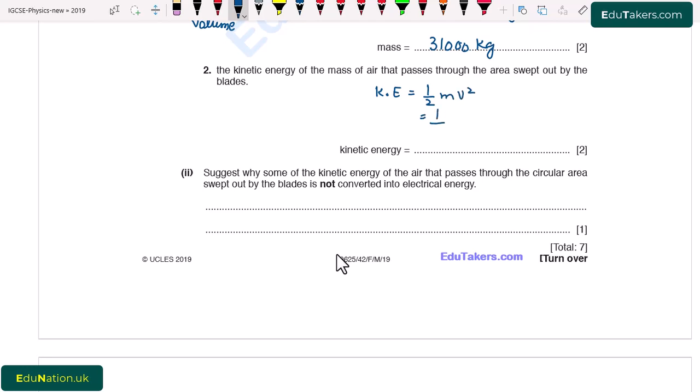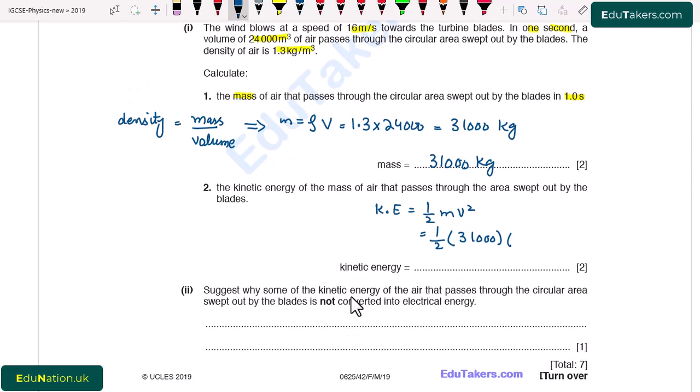We know the mass we already calculated, whose value is 31,000 kg, and the velocity is also given, that is 16 meter per second. So I write here 16 and take its square. So the kinetic energy comes to be 4 into 10 to the power 6. The unit of energy is joule. So kinetic energy will be equal to 4 into 10 to the power 6 joules.